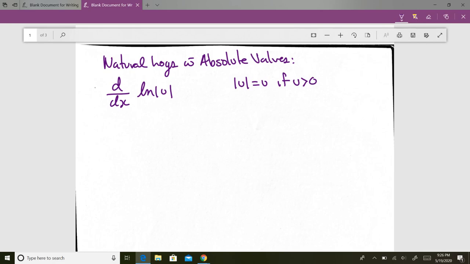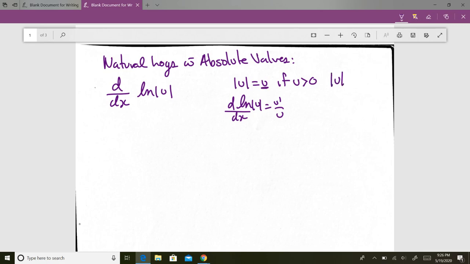So if I have 1 in there, I get 1. That's what that's saying essentially. So that means the derivative of the natural log of u would be u primed over u. Because if that's an absolute value, we're saying it's equal to u if u is positive. No change.